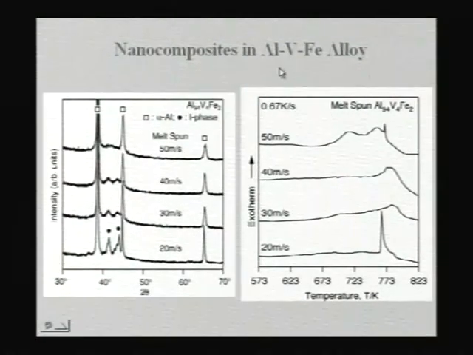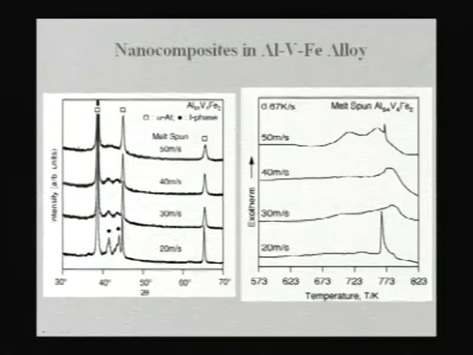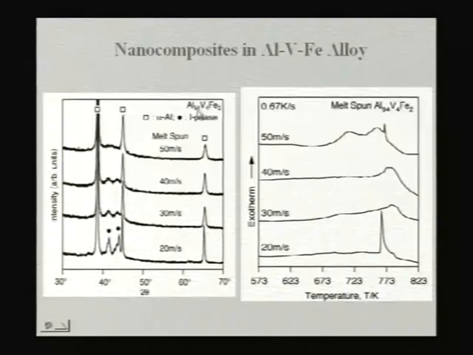One more alloy system is aluminum iron vanadium, where you can again generate these nano-quasicrystalline phases either in an amorphous matrix or in an aluminum matrix. For example, you can see here a composition such as aluminum 94, vanadium 4 and iron 2, just a small amount of vanadium and iron, only 6% of it; mostly it is aluminum.